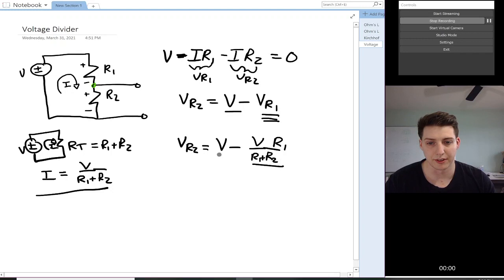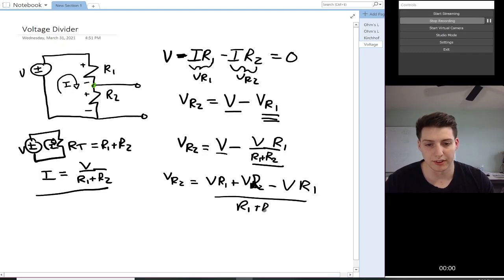We can bring this term over to this term to have V_R2 equal to V(R1 plus R2) minus V R1 over R1 plus R2. This is not a subscript, these should be separate variables. And we see that these terms will cancel out. So what we end up with is V_R2 is equal to V times R2 over R1 plus R2.